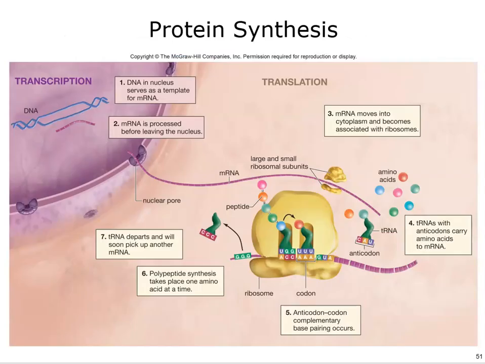Here you have the graphical representation for the protein synthesis. As I told you, the first process is called transcription, and it's happening inside of the nucleus. We're duplicating our DNA using an mRNA chain in order to get the information. And then after that, we're moving that messenger RNA outside of the nucleus.